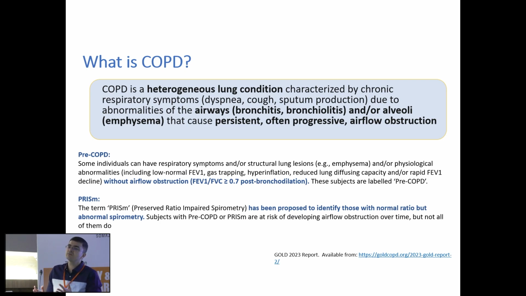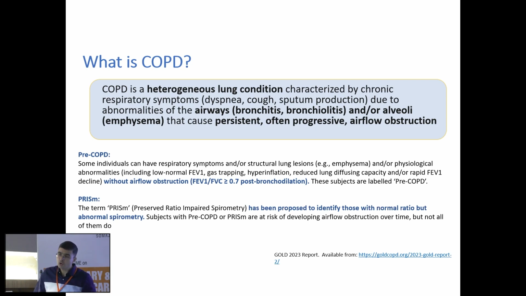So a lot of students would get confused, but now this year, they have said that COPD, because of its heterogeneous nature, can involve the large airways and cause bronchitis, can involve the smaller airways and cause bronchiolitis, and can damage the alveoli and cause emphysema, and the damage that it causes is often persistent, progressive, and probably irreversible.